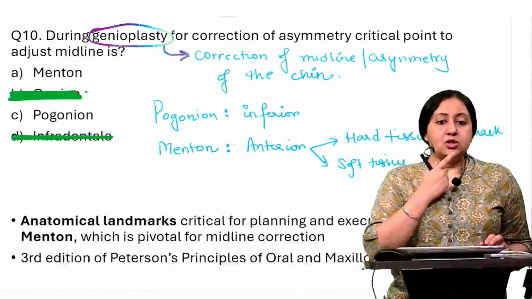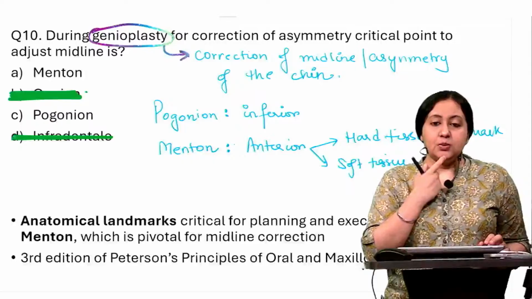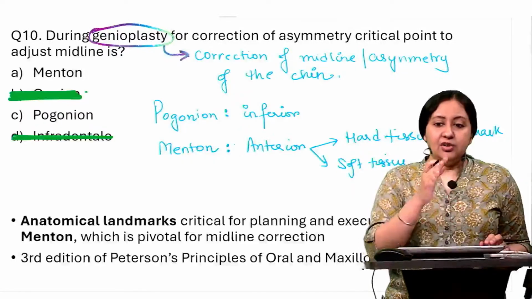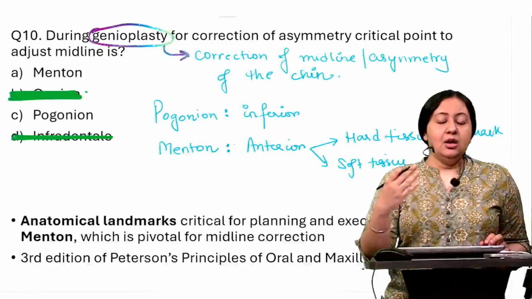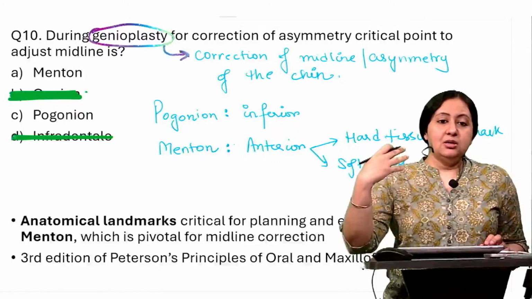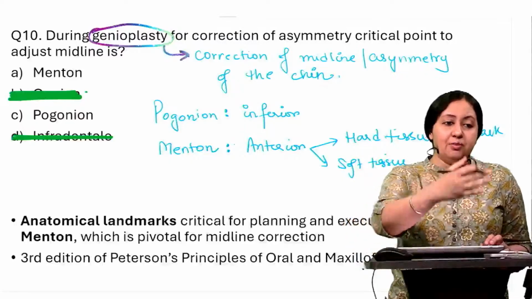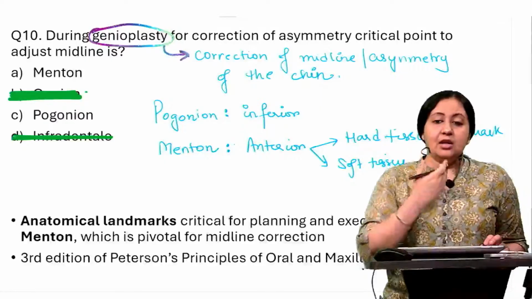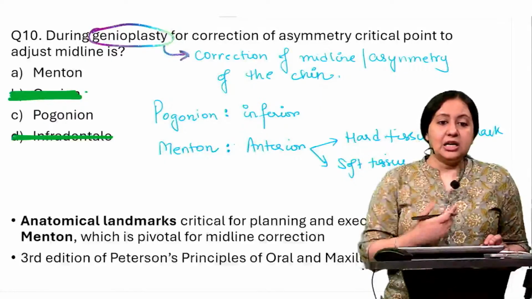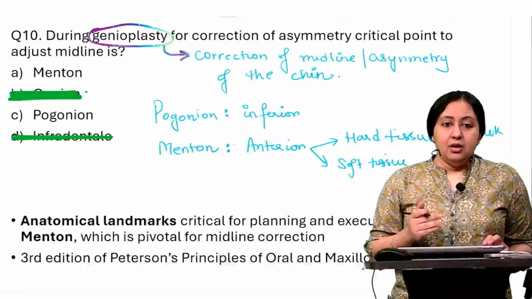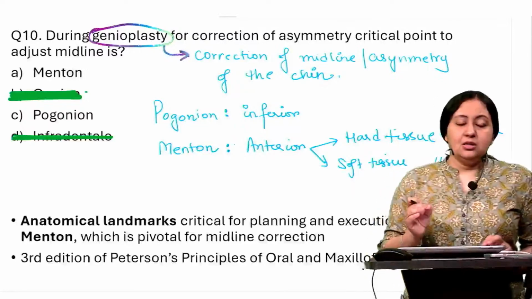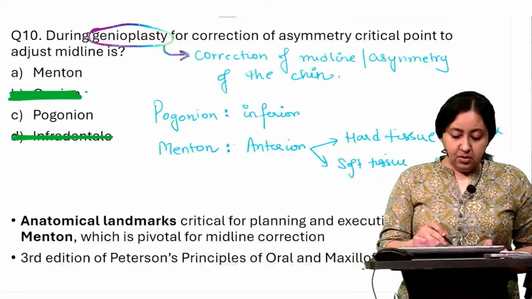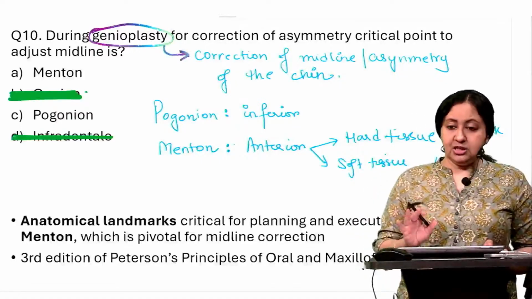So the soft tissue menton is verified on table after correcting the midline, so that when the patient looks at himself or herself in the mirror, or when other people look at the patient, they will be able to make out that the midline has been corrected. So menton is important for correction of symmetry. Just don't go into much detail, just keep this in mind.